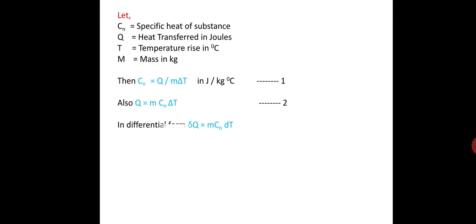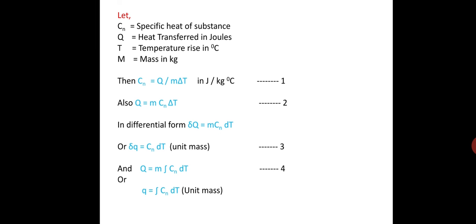In differential form, delta Q equals m Cn dT, or delta Q equals Cn dT for unit mass. It is equation number 3. And capital Q equals m integration Cn dT. It is equation number 4. Or small q equals integration Cn dT for unit mass.